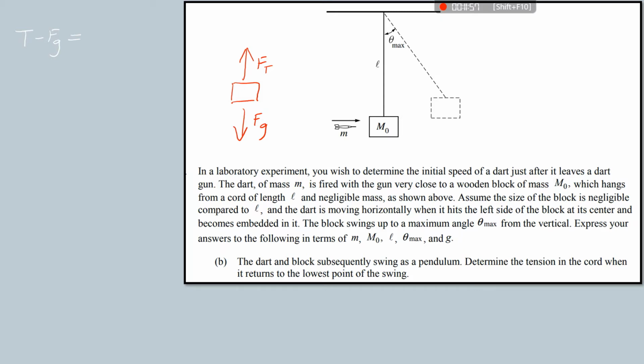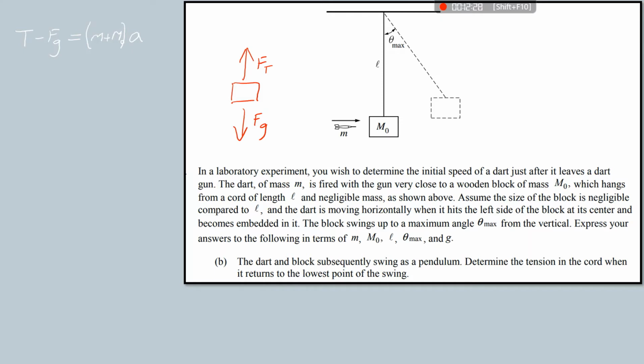What is that mass? Just big M and the dart small m. Okay, both of them, plus M0, times A. Okay, and then what is that A?